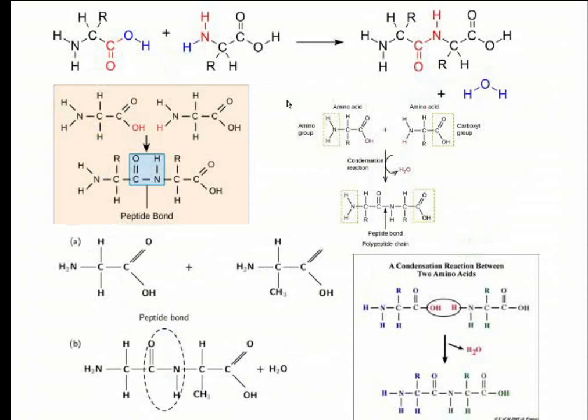And then finally you can see what happens when you combine 2 amino acids. Here we have an amino acid here and an amino acid here. We can see that water, or H2O, is given off, and what actually happens is the bond here joins with the N here.